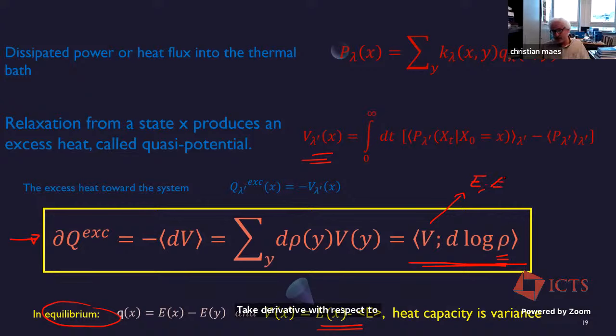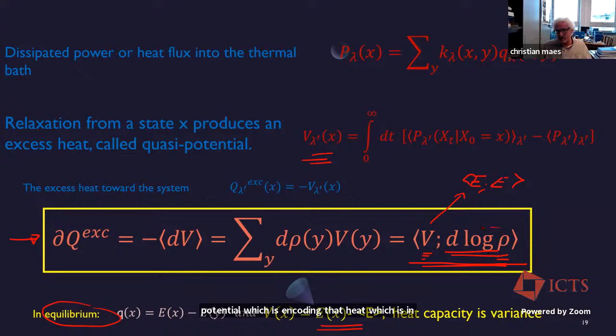So in equilibrium, you find the usual expression that the heat capacity for the canonical ensemble is given by the variance of the energy. Here in non-equilibrium, we have the quasi-potential, which is encoding that heat, in covariance with, okay, the change in log rho.